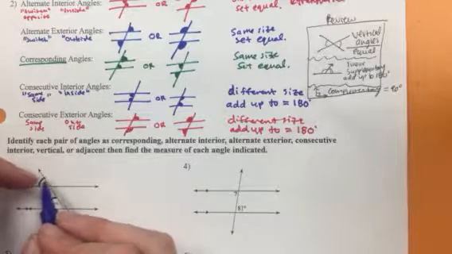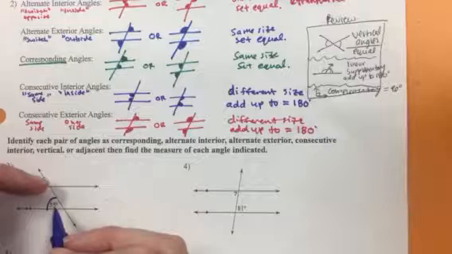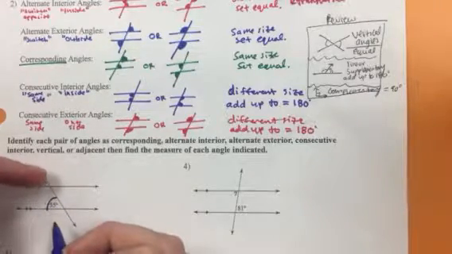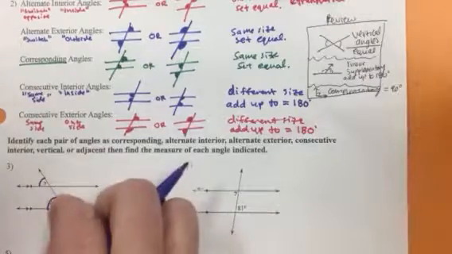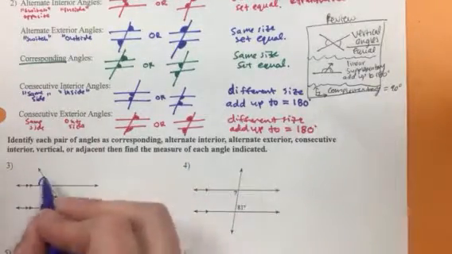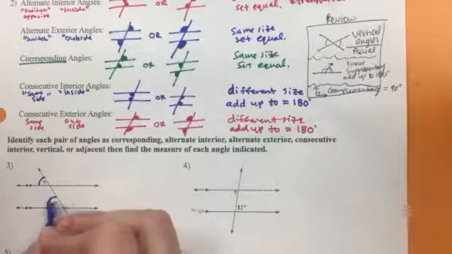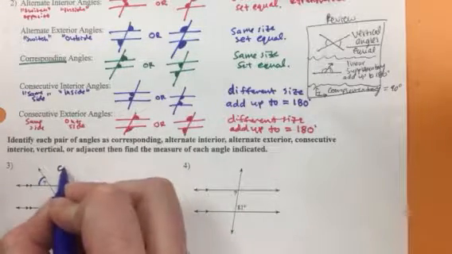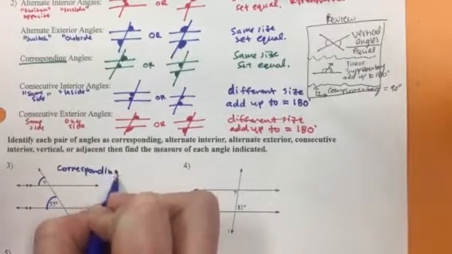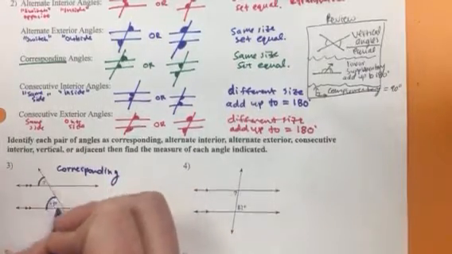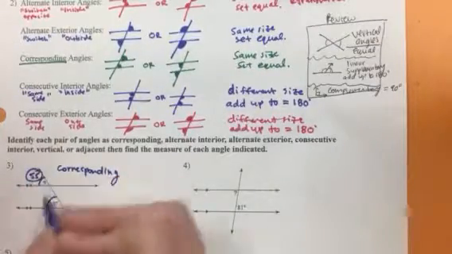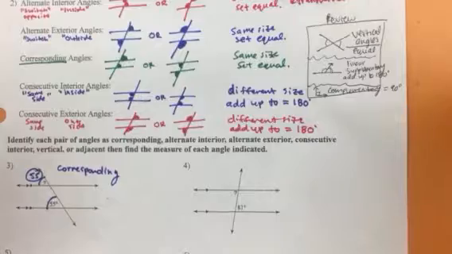This one is outside, which means they're not exterior because they're not both outside. Now let's check. Corresponding means that if I pick it up, move it, and drop it, they're in the same location. Top left, corresponding. Which means these two angles are the same size, so to finish, I'm just going to label it 55 because they're the same degrees.